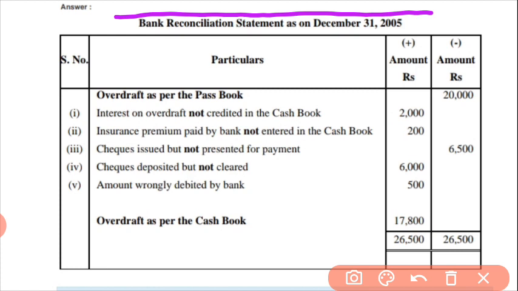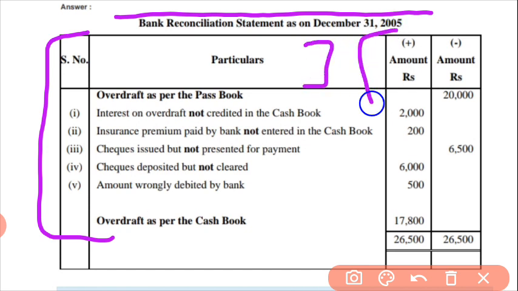After that, prepare a first column that will be the serial number. Then particulars, then amount, then amount. The first column is plus and the second column is minus. This way prepare a format.